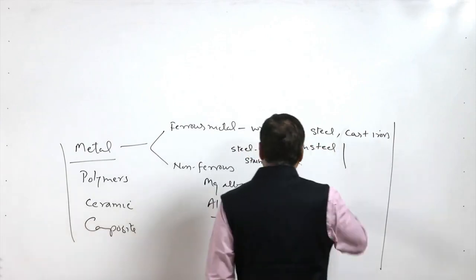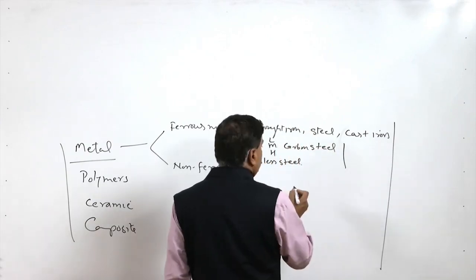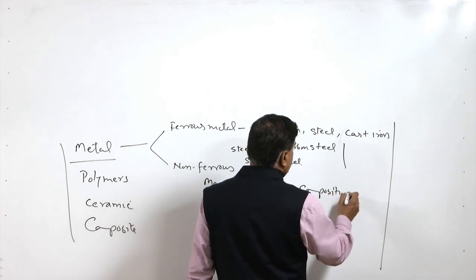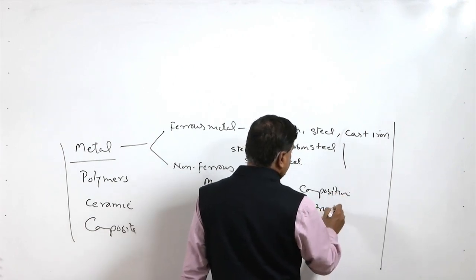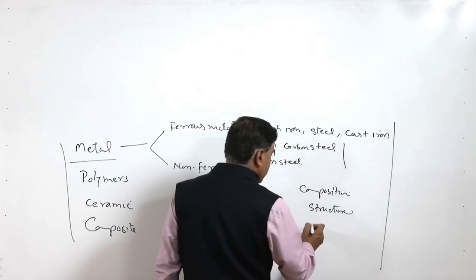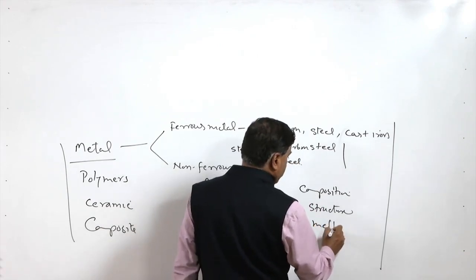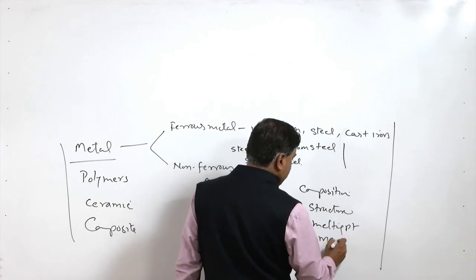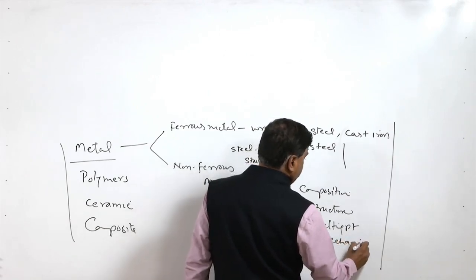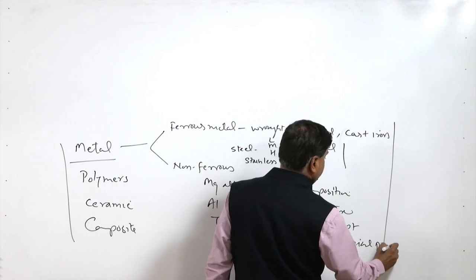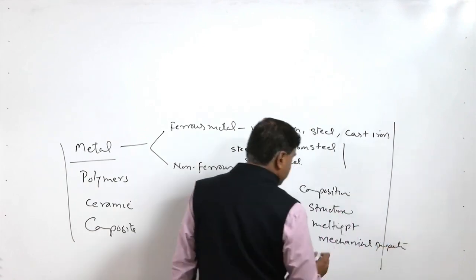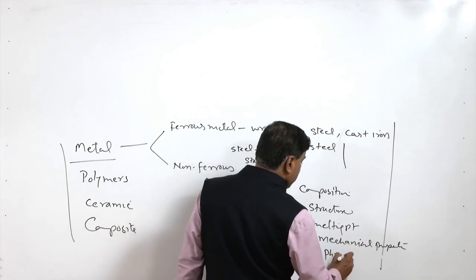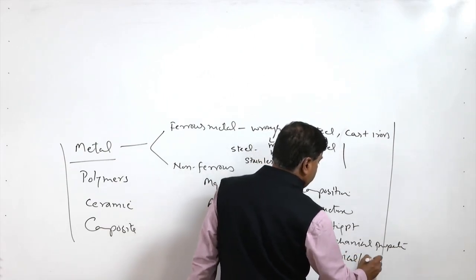So, since each metal system will be of a particular composition, which will have a particular kind of structure, it will have its own melting point, its own mechanical properties, its own physical and chemical properties.